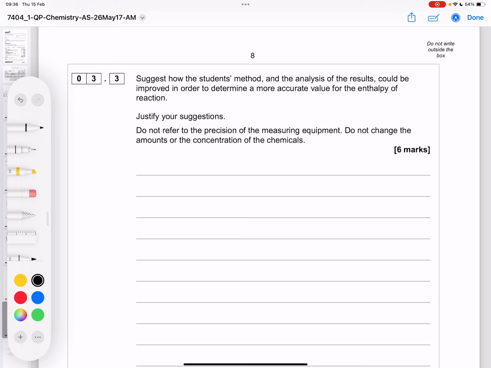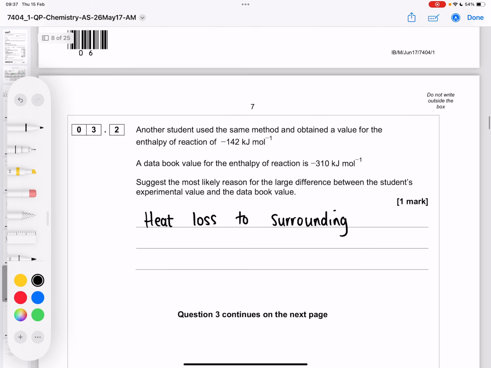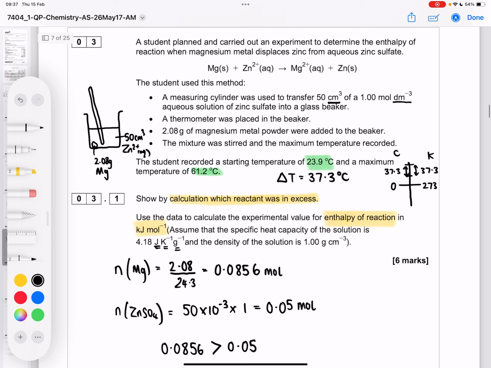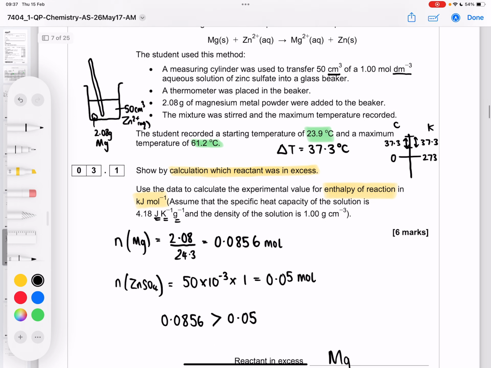Okay, so we need to think about the required practical here. How, when you carried out an enthalpy change practical in your lessons, did you do that differently to the student's method? So let's look at what the student did. They put it straight in a glass beaker, put a thermometer in, measured the initial and the final temperature, and that was it.